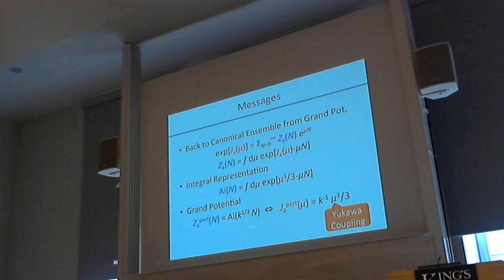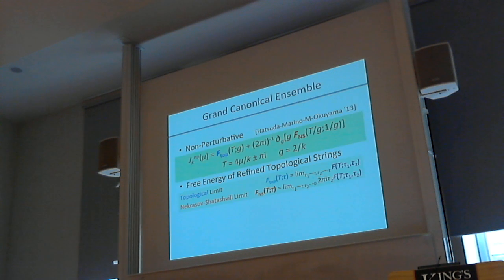In fact, this kind of transformation has an interpretation of seeing the free energy of topological string theory from a different point in the moduli space. And this mu to the cubic function represents the Yukawa coupling. So in this sense, the previous generalization is very natural.